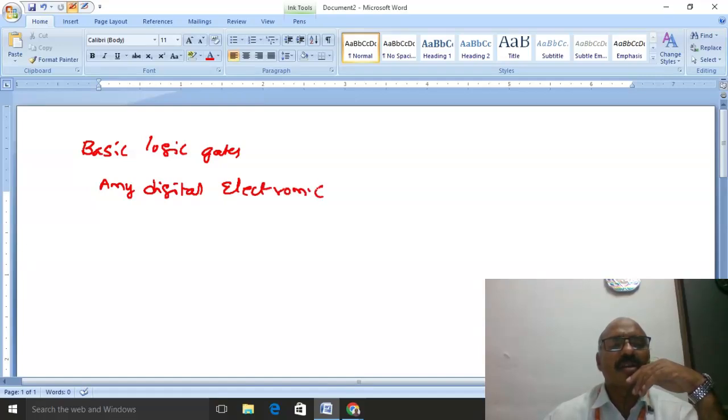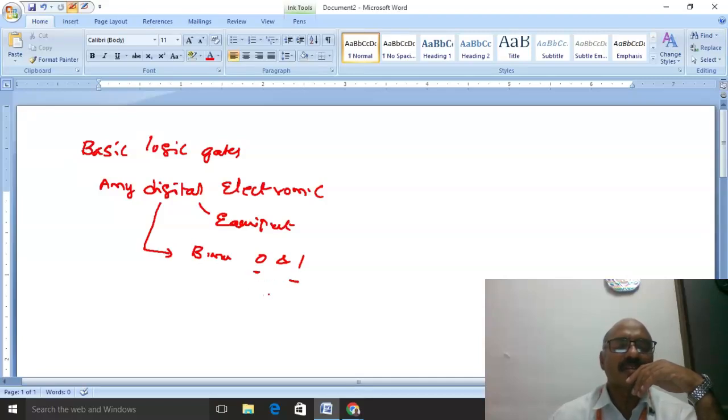We know that digital equipment works on binary values, that is 0 and 1. Here 0 and 1 do not mean numbers. This is the voltage.